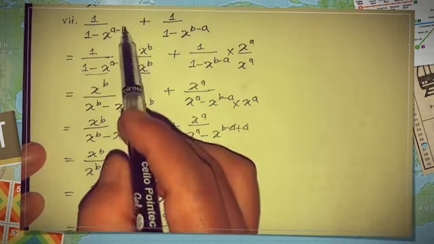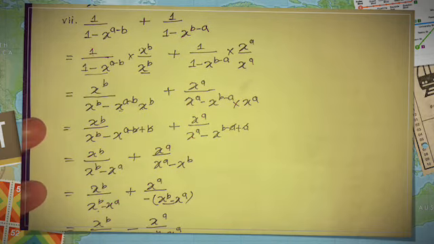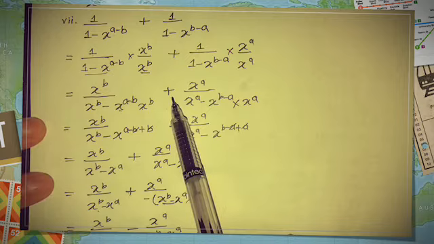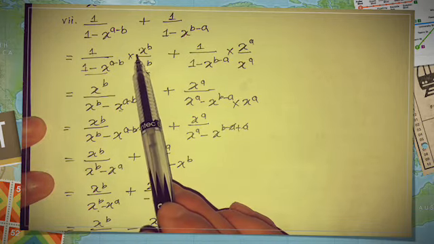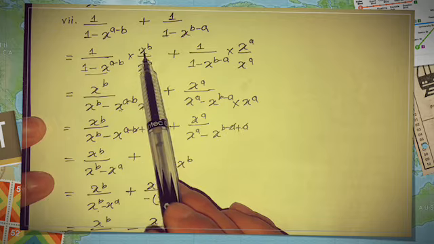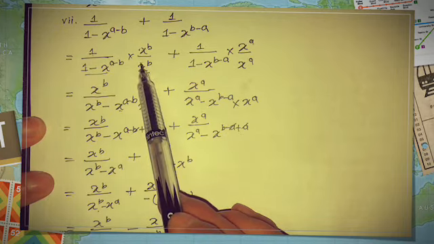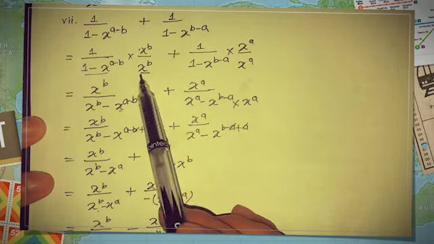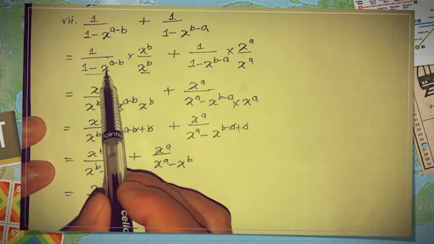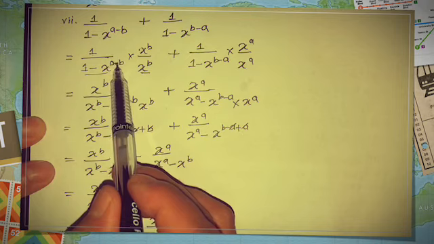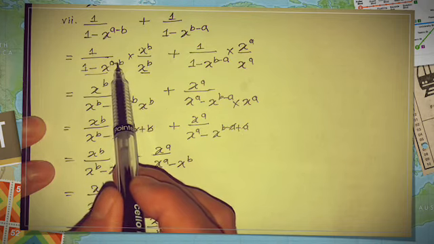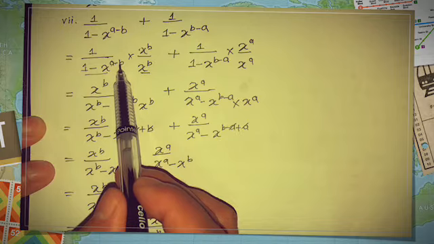Simplifying these terms. And here you have to remember why we choose to multiply by x to the power b in numerator and denominator. Look at here, x to the power a minus b, here minus b is there.